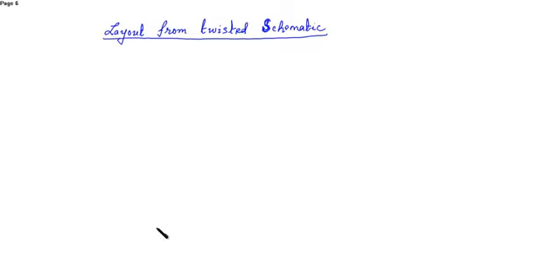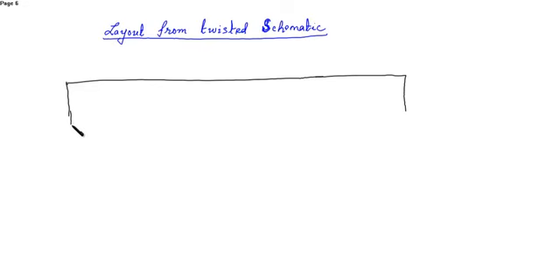So first we have 4 PMOS, so I'll take a common N well. So we'll draw from here. This is the N well.